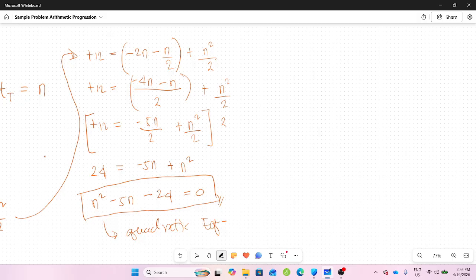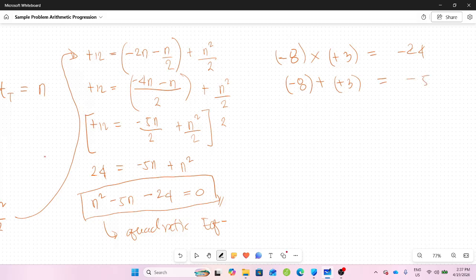We know that negative 8 times positive 3 gives us negative 24, while negative 8 plus positive 3 gives us negative 5.